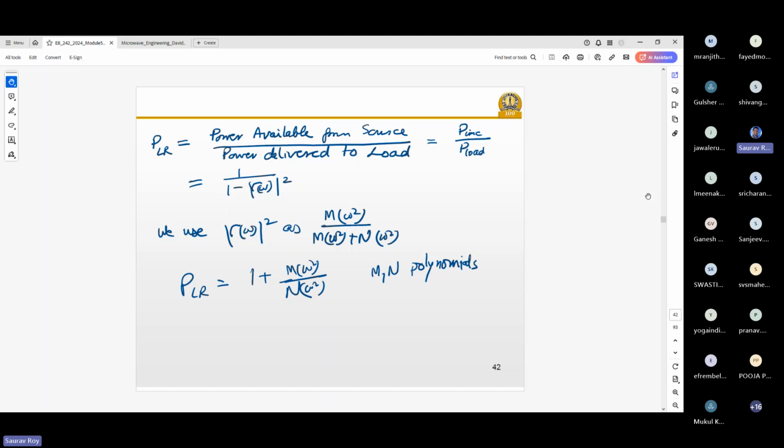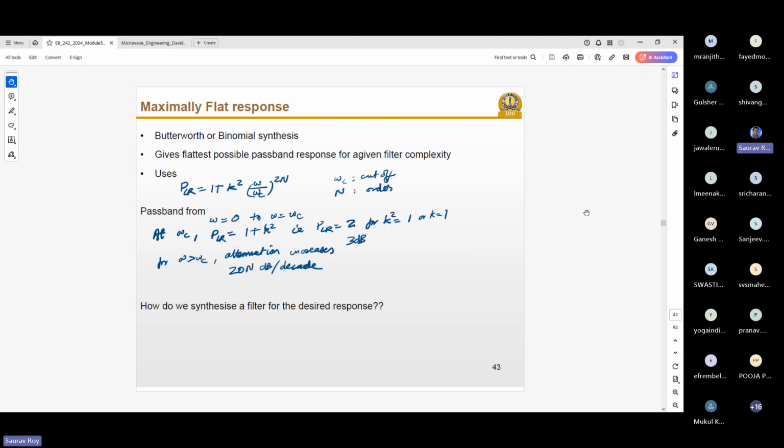It's how much attenuation is required in the stop band, how much ripple can be tolerated in the pass band, and the cutoff frequency. Mostly these will be the parameters mentioned, right? So the main thing we first have to select is generally the order of filter, that is N, capital N.